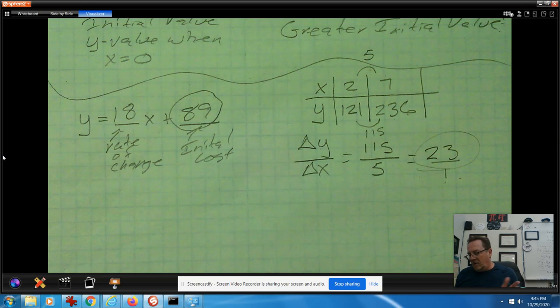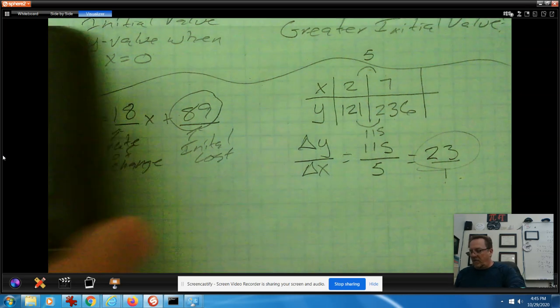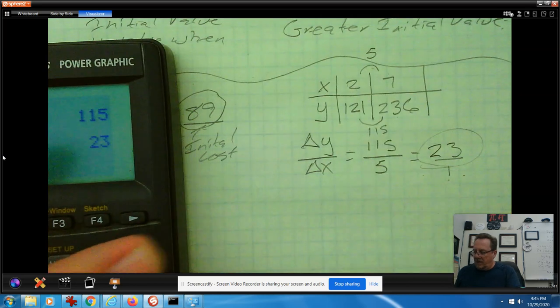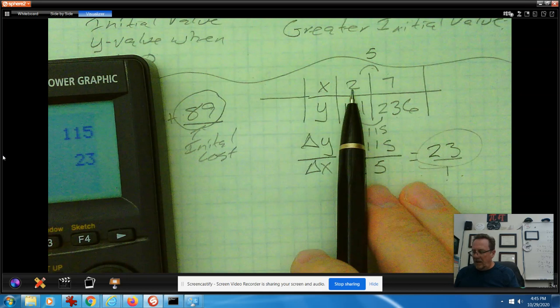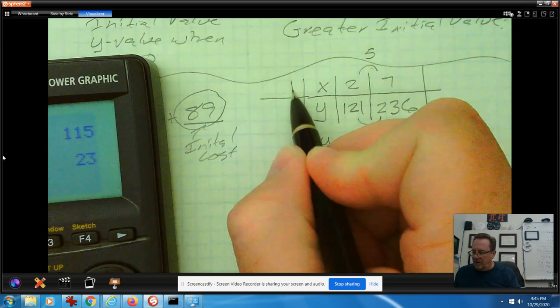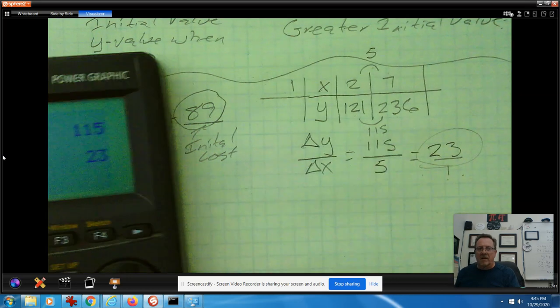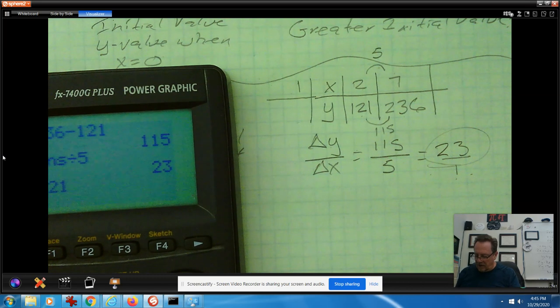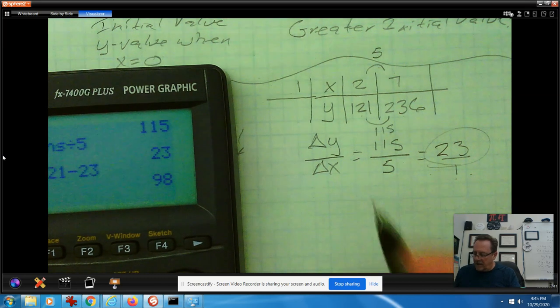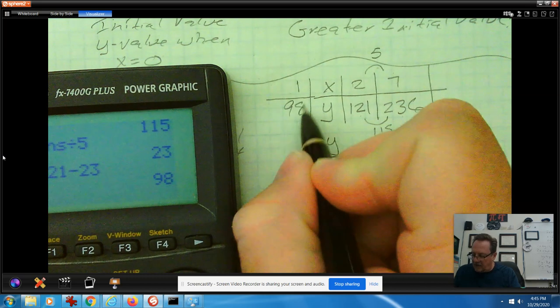So if you want to subtract it from where we're at right now, we could. I'm going to go on the other side of this table and say, well, that means if I go from 2 to 1, I've got to subtract 23 from my 121. And 121 minus 23, that next table entry would be 98 when x is 1.